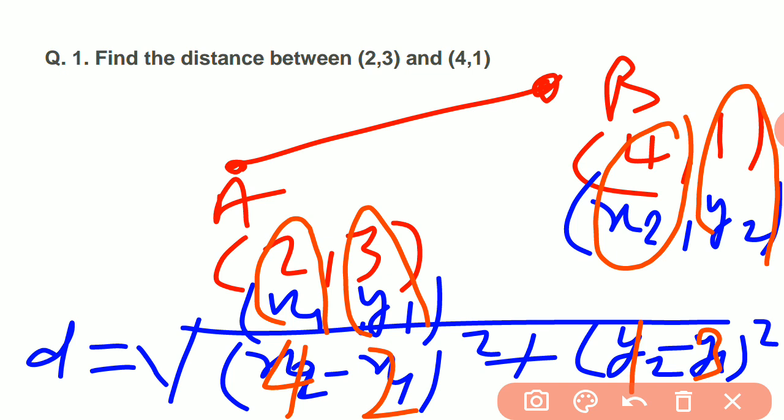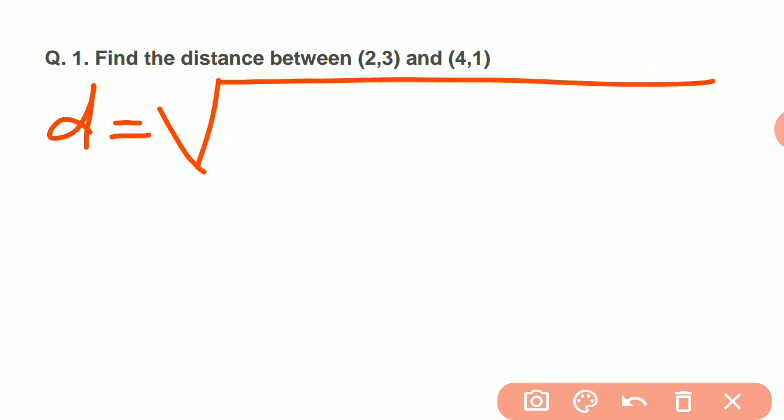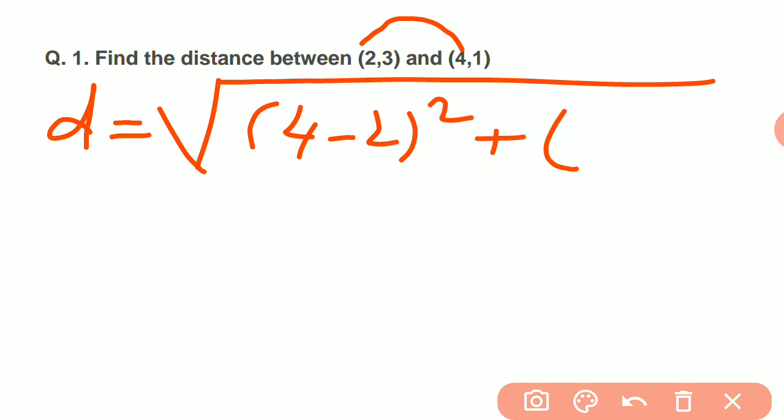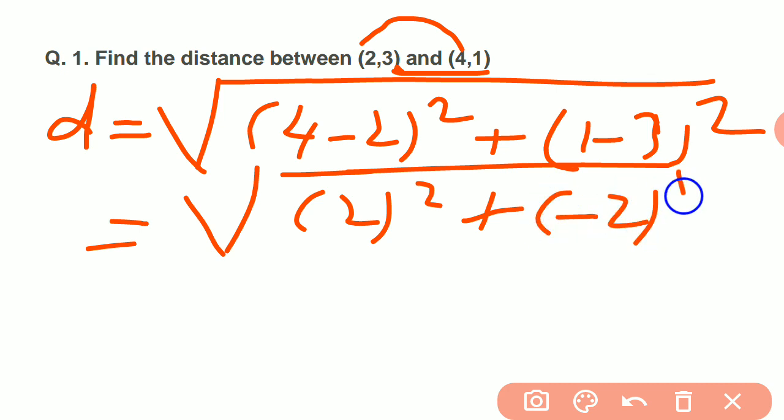So we can write in this way: the distance between these 2 points is equal to under root of x2 minus x1 whole square, means 4 minus 2 whole square, plus y2 minus y1 whole square, it means 1 minus 3 whole square. It becomes 2 whole square plus minus 2 whole square.